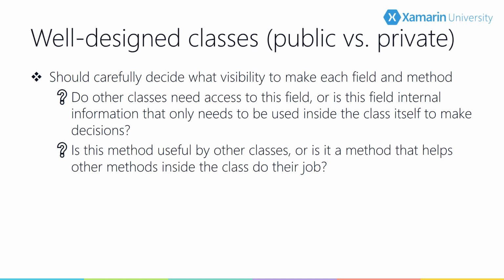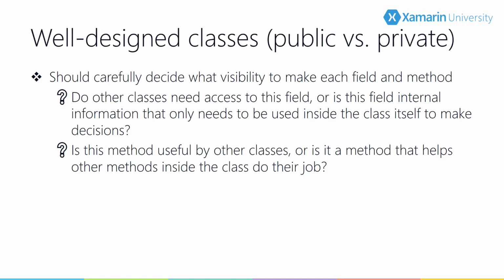Or is it simply used inside of the class only? If it's only used inside of the class, you should always mark it as private. If it's ever going to be accessed from an external source, you would mark it as public. Now, even this rule is not completely true, as you'll see as you become a more experienced developer.